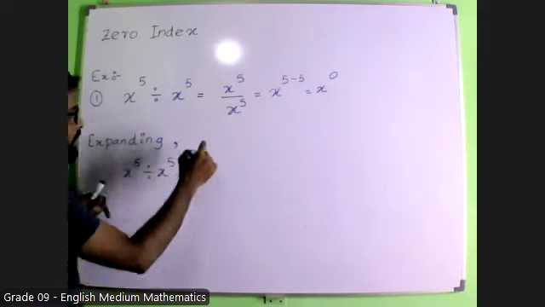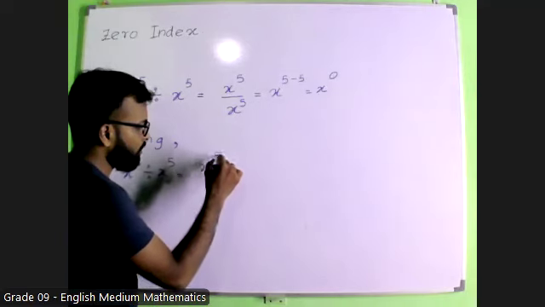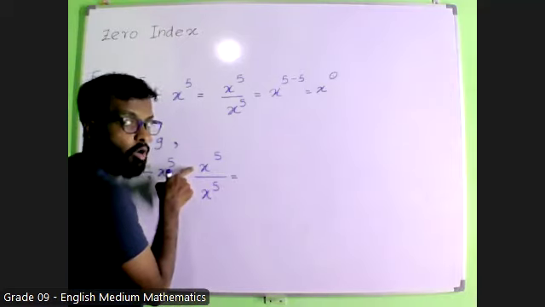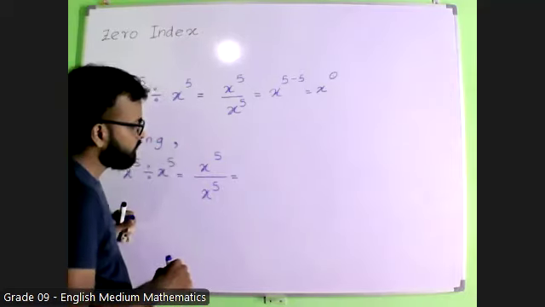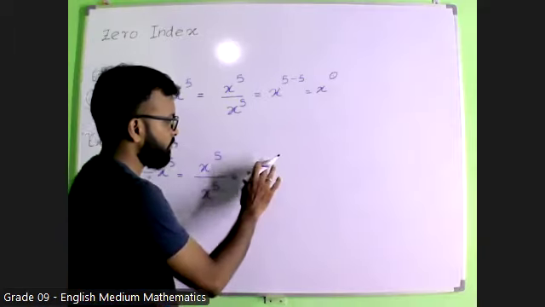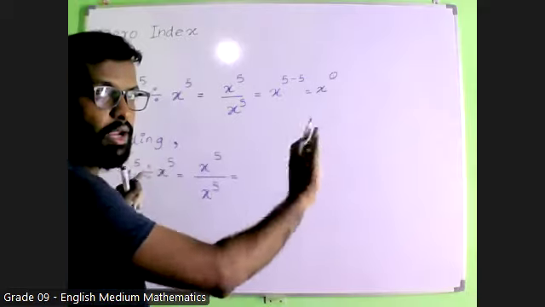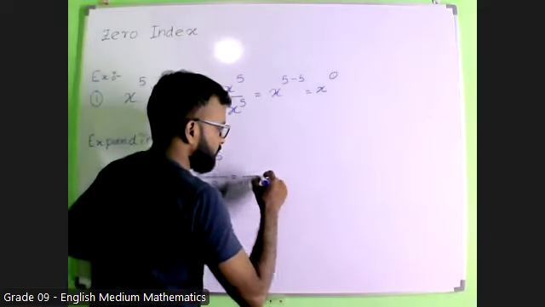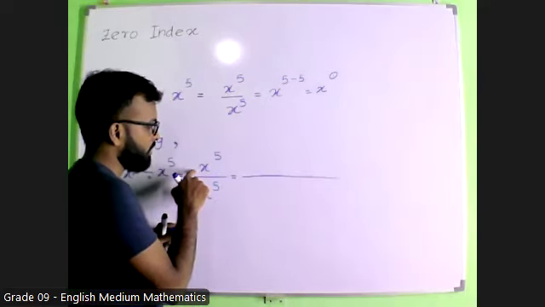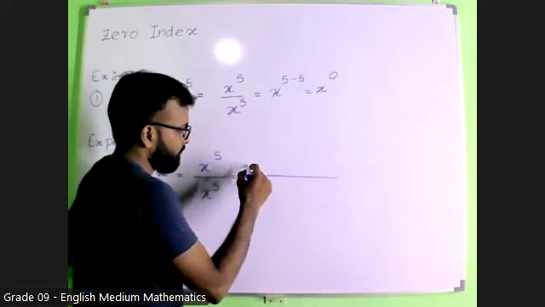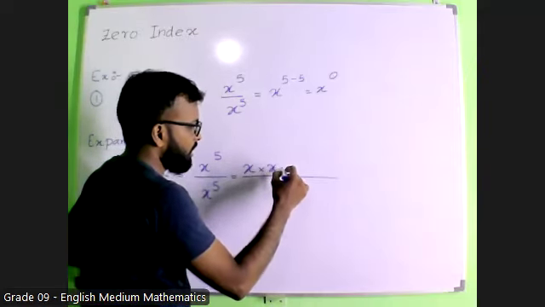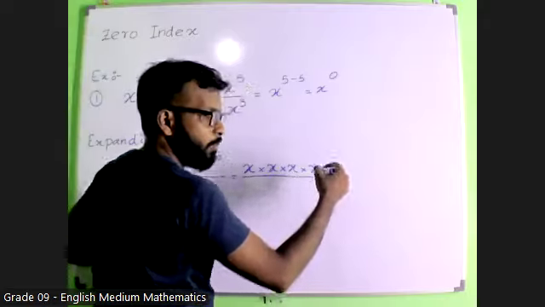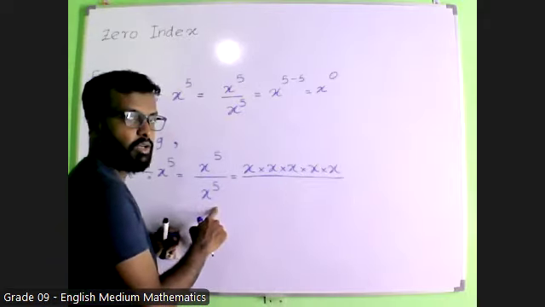How are you going to expand x to the power 5? Not the answer, but this is how we expand it. We need to write x 5 times. So in the numerator x should be expanded up to 5 times, and the denominator also the same thing.